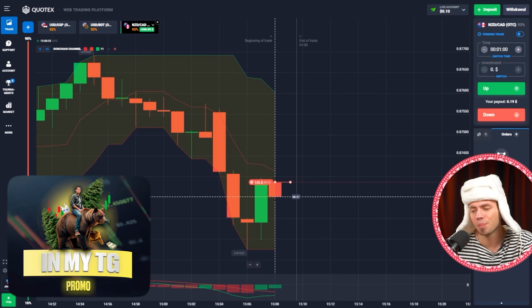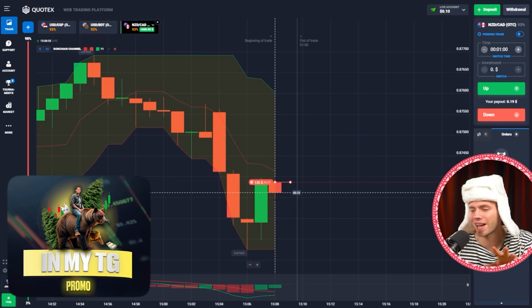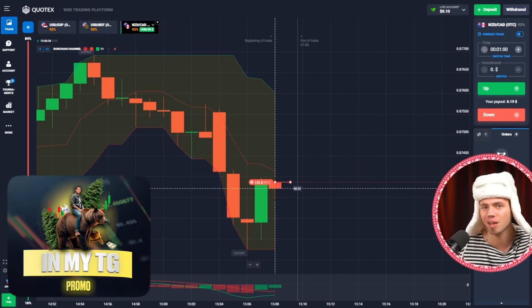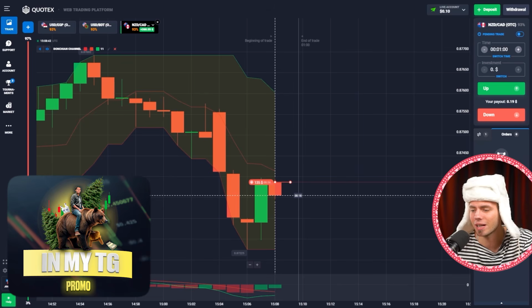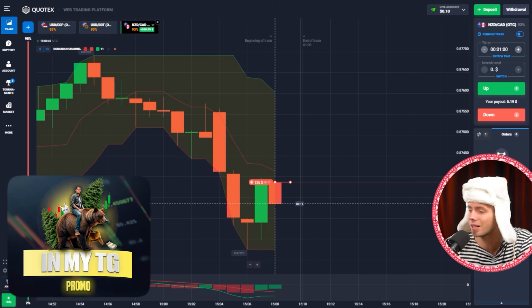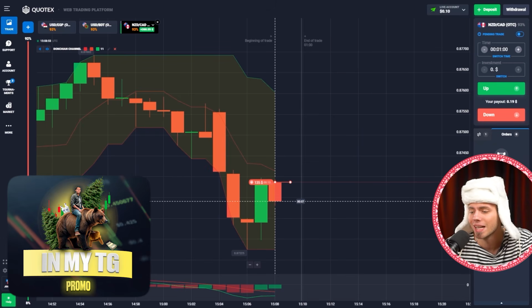As you can see, it's a pretty similar situation, from some point of view, because here we also have this middle line of the channel, which is a very strong resistance level for us at the moment, and we did not have enough power to break through it. That's why right now we will see the trend going down and the option going down. So yeah, that's basically what is happening right now over here.